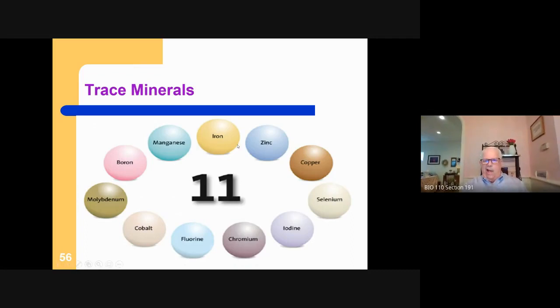These are the 11, but I only want you to know iron, zinc, iodine, and fluoride. That's what I want you to know, and we'll go through them. I want to talk about the others, but I'll have no questions on the others. The questions will be on iron, zinc, iodine, and fluoride.